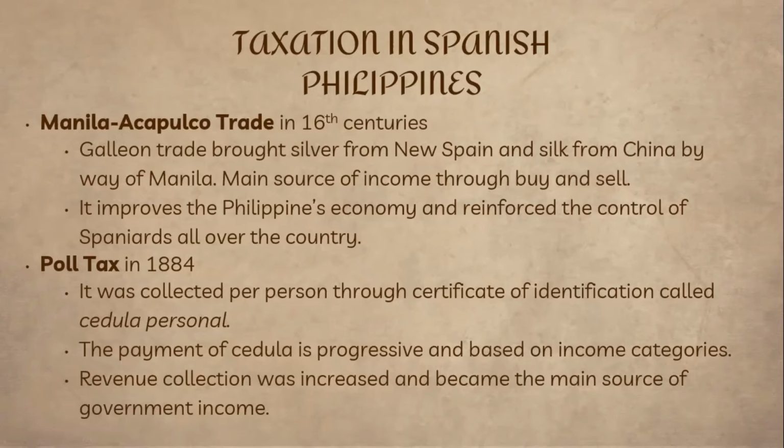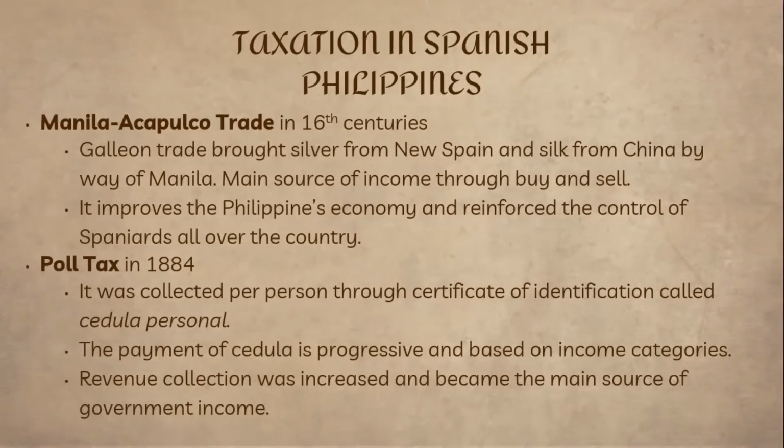That is, they bought silk from China for resale to New Spain and then bought American silver for resale to China. The galleon trade was a government monopoly. Only two galleons were used. One sailed from Acapulco to Manila with some 500,000 pesos worth of goods, spending 120 days at sea.